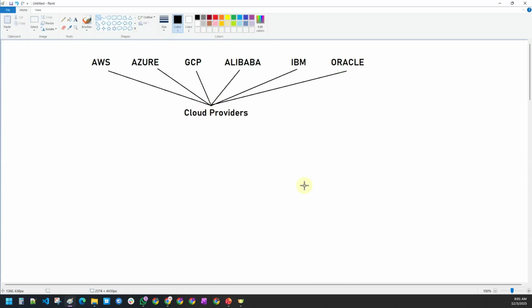Sir, there are multiple cloud providers available in the market, such as AWS, Azure, GCP, Alibaba, IBM, Oracle. So these are the multiple cloud providers available in the market.